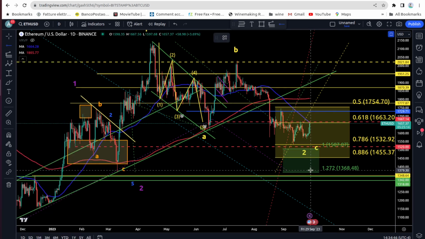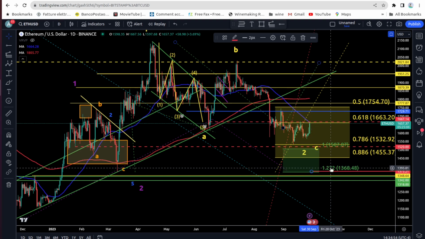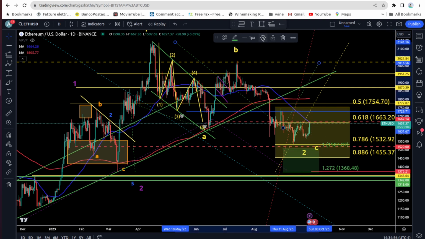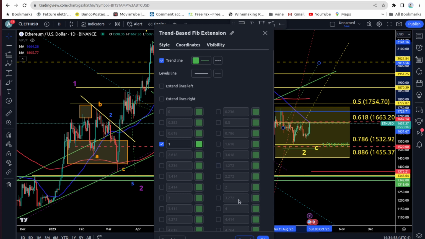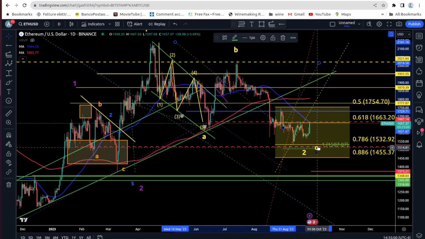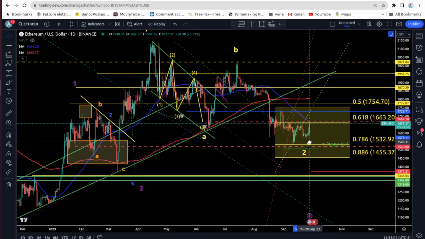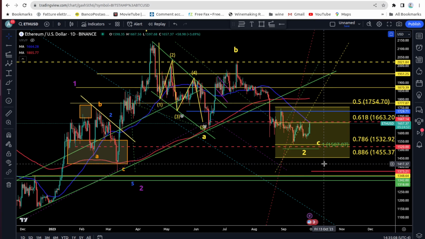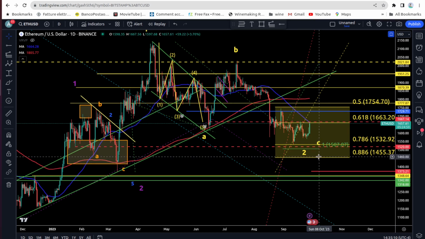The invalidation point for this more bullish count is going to be 1,373. And actually, I want to take out this 1.2 because it's just mixing things up. So I'm going to put the C on this 1-to-1 ratio. So we know this is the 1-to-1 ratio for the wave A to the wave C.